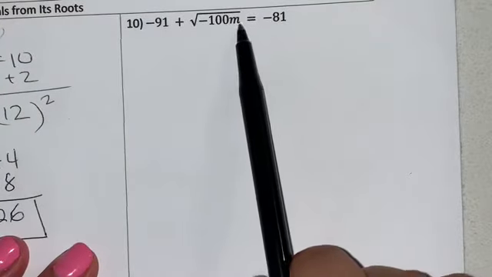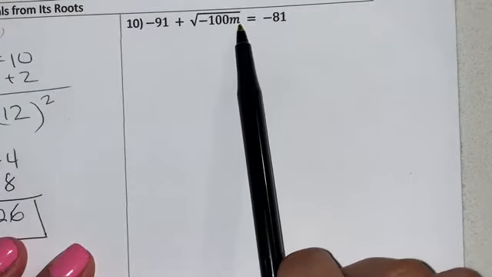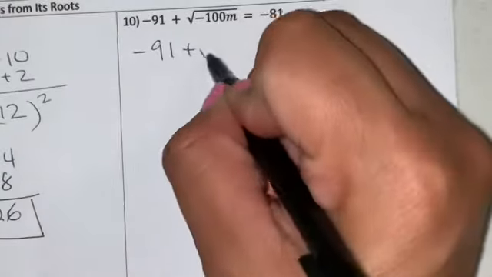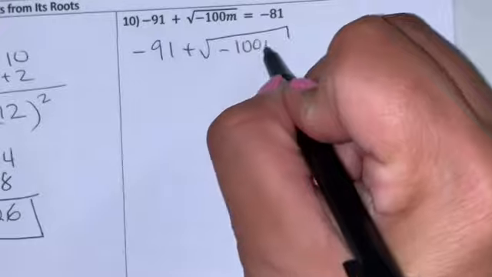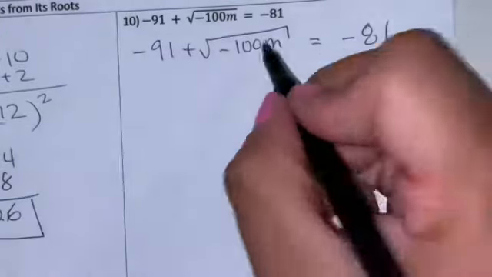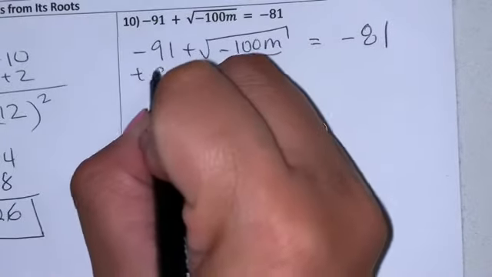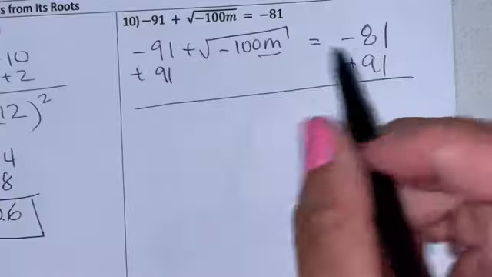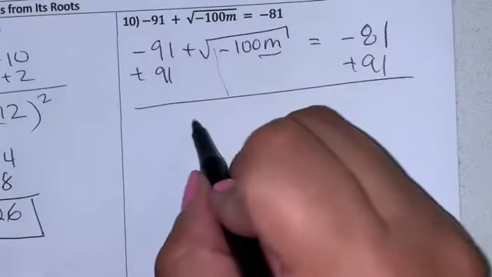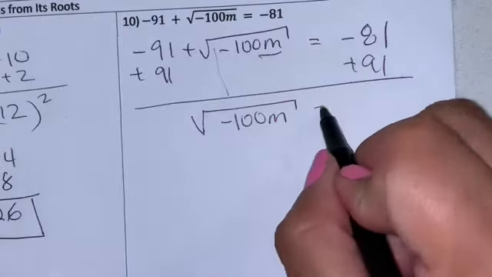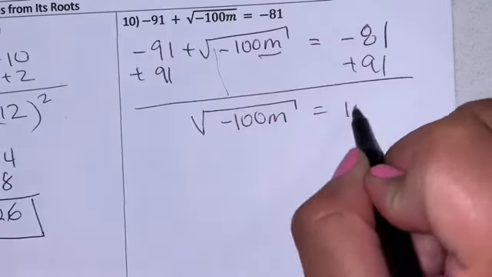Okay, let's do number 10. We're solving for m. So -91 plus the square root of -100 m equals -81. We have to get m by itself, so it's plus 91 plus 91. I just bring down this whole thing, so I get the square root of -100 m equals 10.